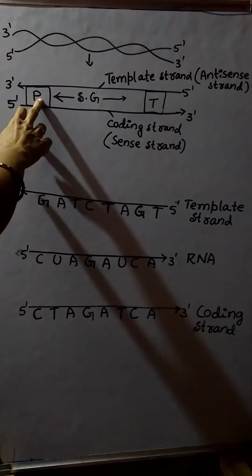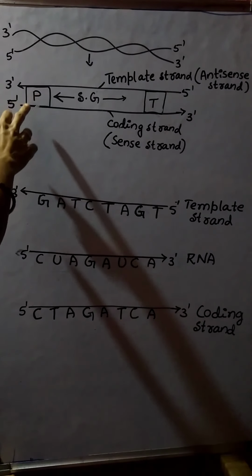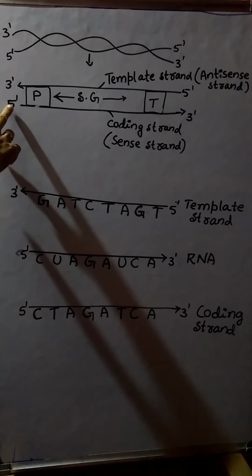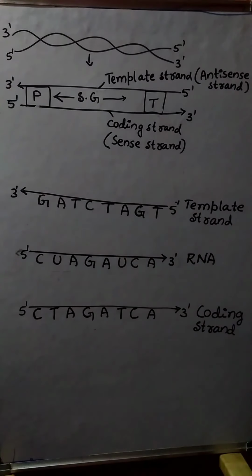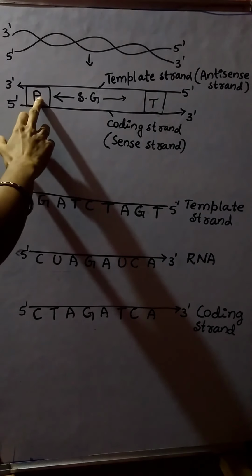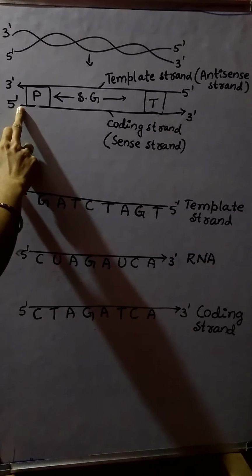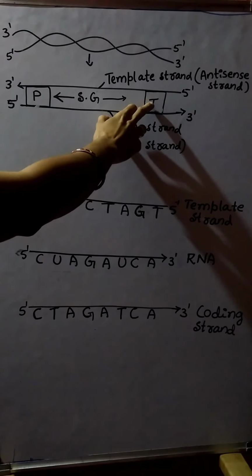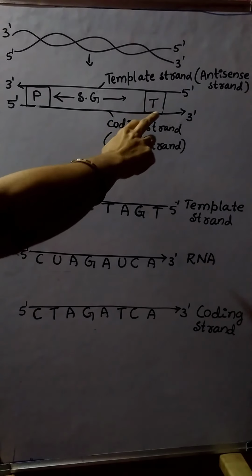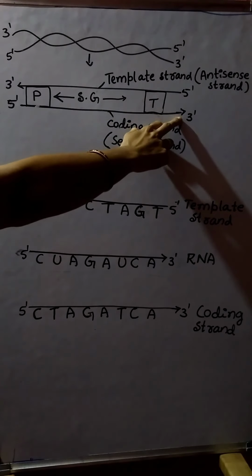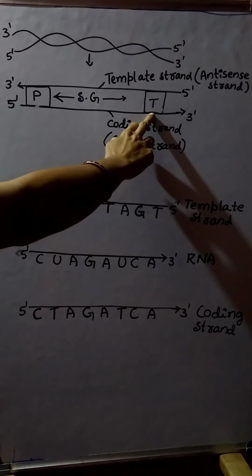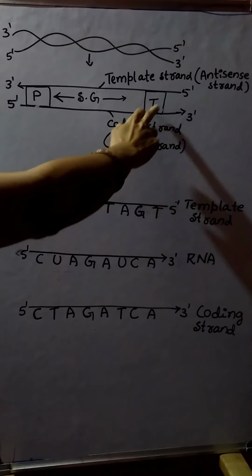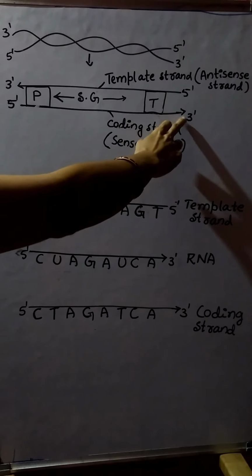See, the promoter is always present towards the 5' end of the coding strand, whereas the terminator is present towards the 3' end of the coding strand.